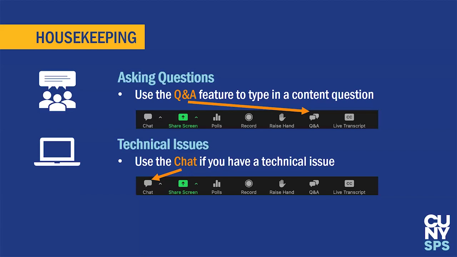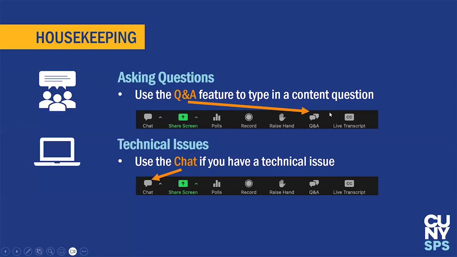We also have just two main guidelines for how to make sure I see your questions most appropriately. If you have any questions about the content, so questions about using Blackboard, you're going to want to put those in the QA area by clicking the button you can see pointed to right here.